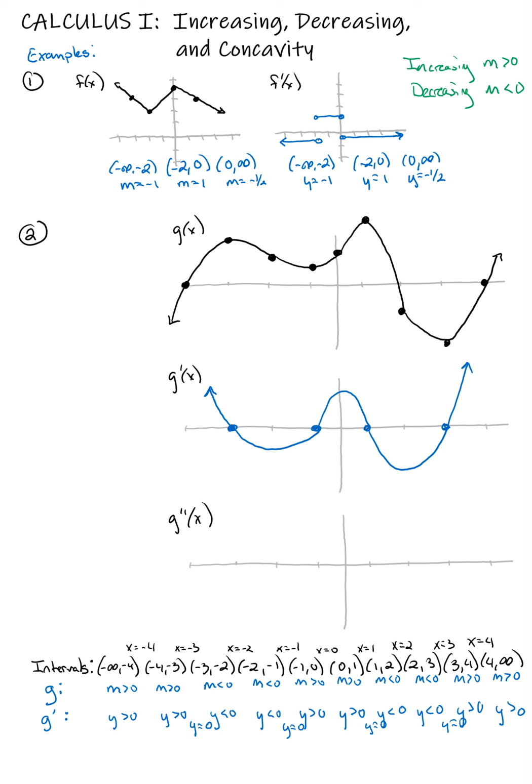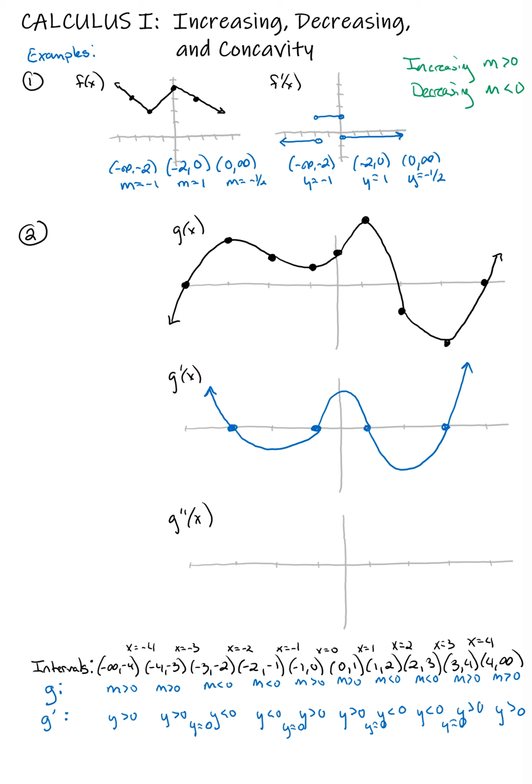Okay, so for this one, again, I'm going to just go through each individual interval. So here we have, looking at G prime on the interval from negative infinity to negative 4, way out here. That interval along with the next interval all the way up to negative 3, my function is decreasing.